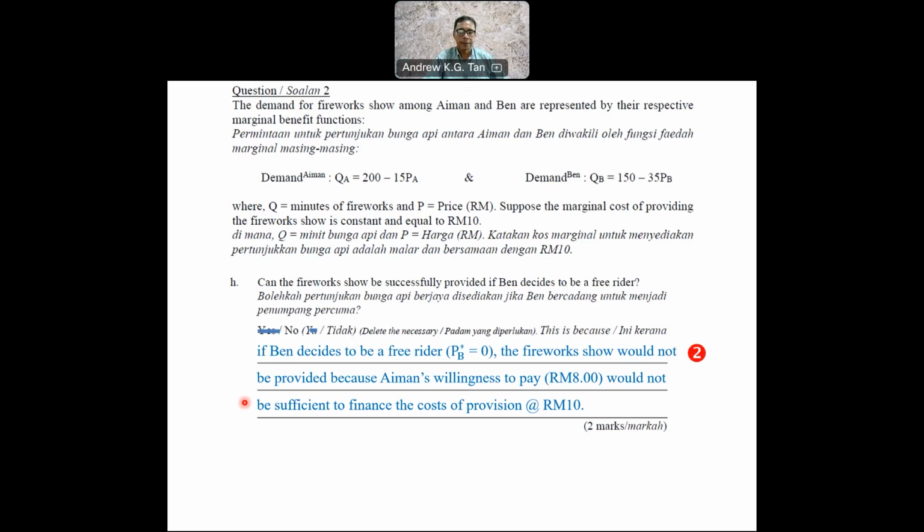Two marks. That is why goods such as fireworks show or other pure public goods, the government has to step in and provide for such pure public goods, because individuals will decide that they can be a free rider. They know they cannot be excluded from enjoying the benefits if they decide not to pay.